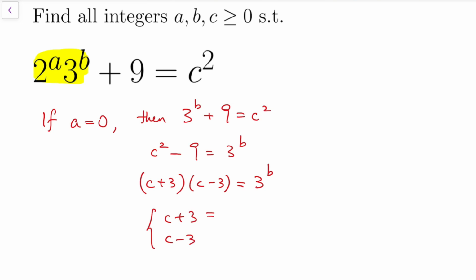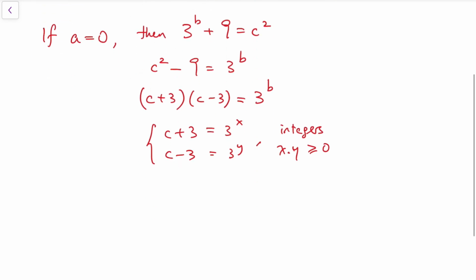So we say c plus 3 and c minus 3 are equal to 3^x and 3^y respectively, where x and y are non-negative integers. Then subtracting, we have 3^x minus 3^y equals 6.